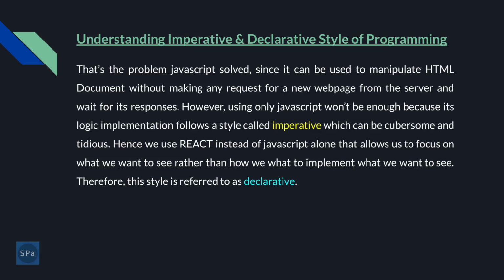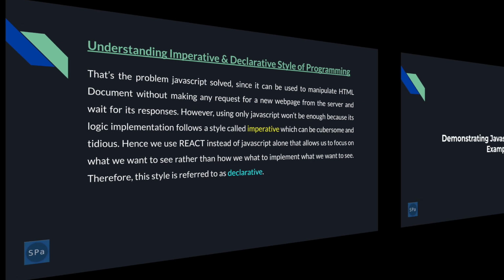However, using only JavaScript won't be enough because its logic implementation follows a style called imperative, which can be cumbersome and tedious. Hence, we use React instead of JavaScript alone. That allows us to focus on what we want to see rather than how we want to implement what we want to see. Therefore, this style is referred to as declarative.